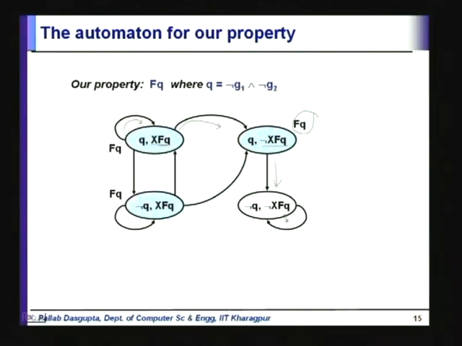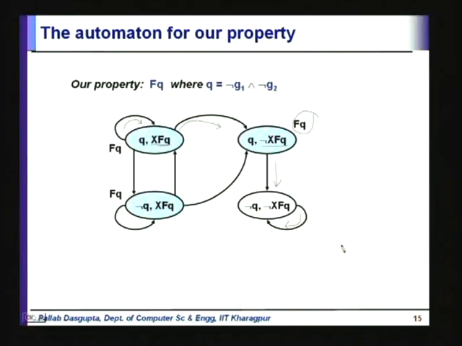Now, let us look at this one. This one has X of not FQ, so it has to have edges to those states which have not FQ. Here there is only one state which has not FQ, so we have only this edge. Is it clear how we build this automaton? Yes or no? Yes. Clear?